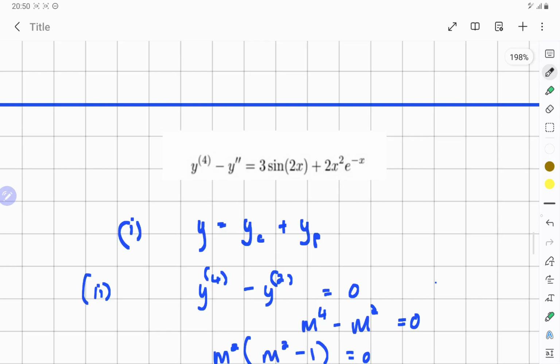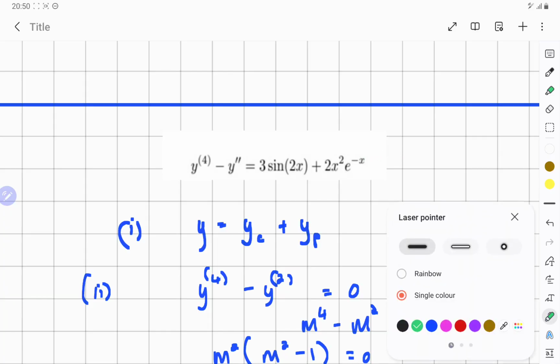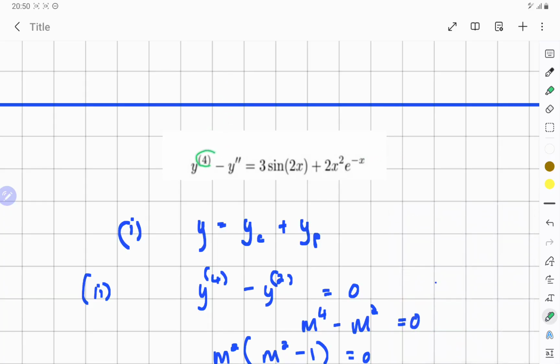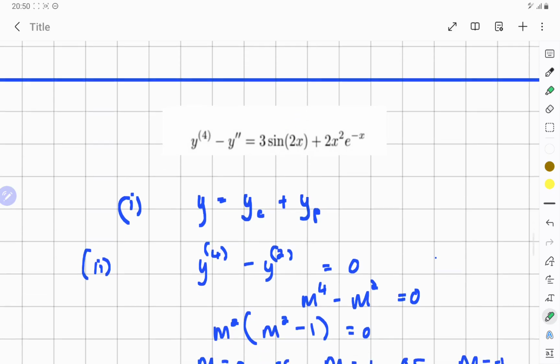You have your linear fourth order differential equation. Now, I often see that students are not familiar with this form in brackets. Just remember that means the fourth derivative. So you have your fourth order linear differential equation, in this case non-homogeneous, since it is not equal to 0.